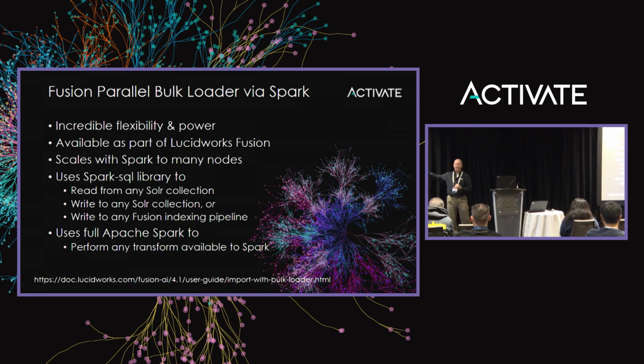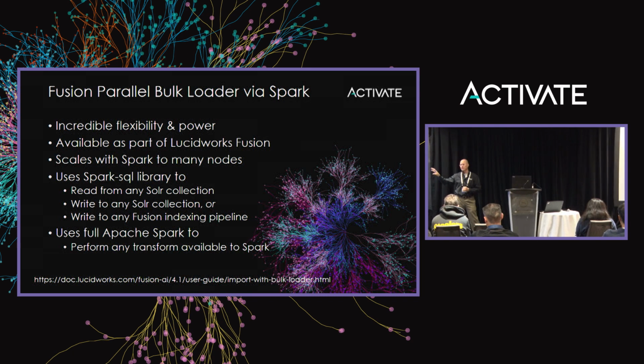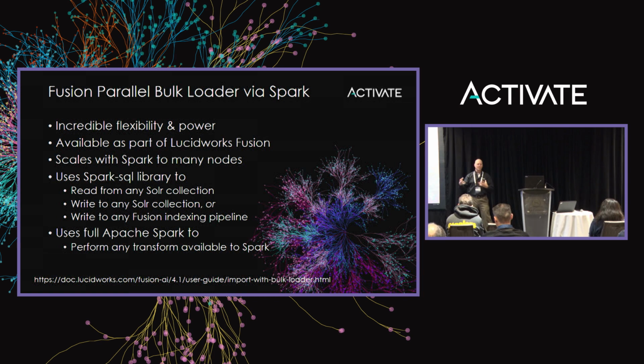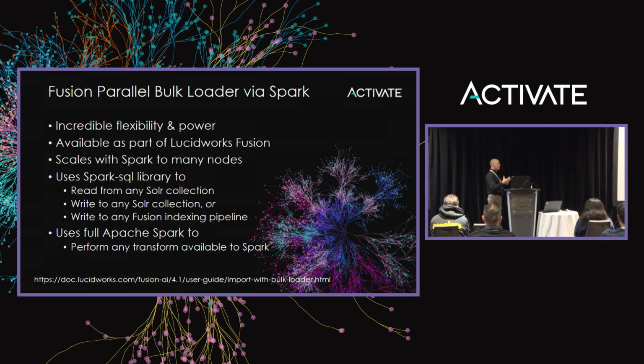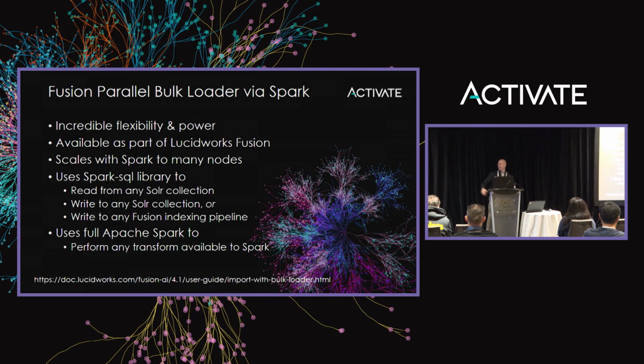There's also an option to push to a Fusion indexing pipeline out of Spark. So another interesting capability. However, if all you're trying to do is move this exact record from A and get it to B, and you don't want to do anything to it, you just want to move it, this will work. It may or may not be your best option.